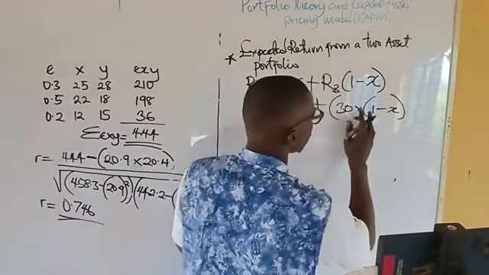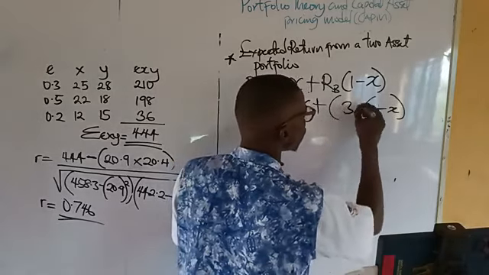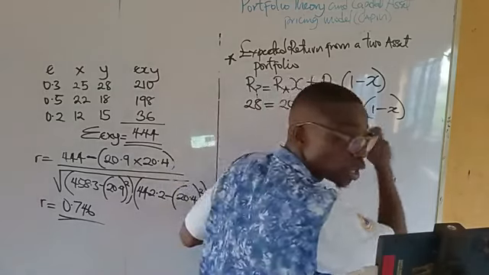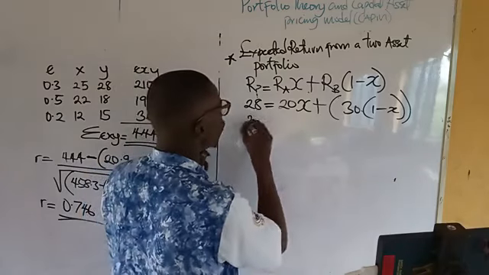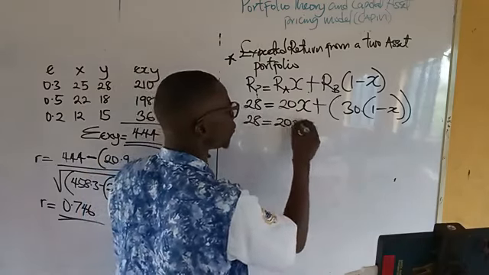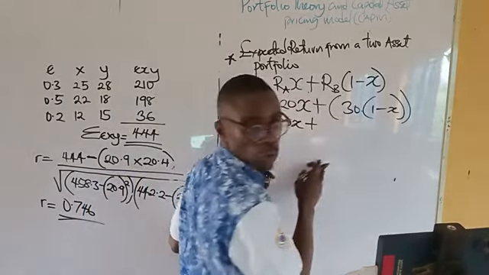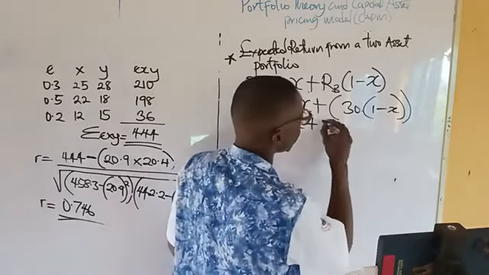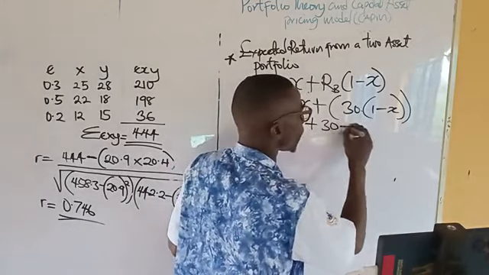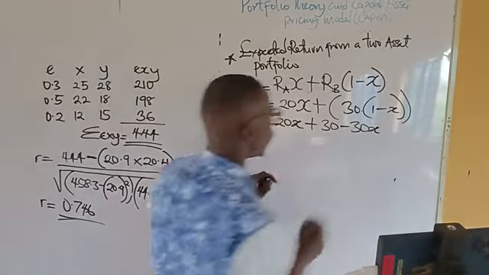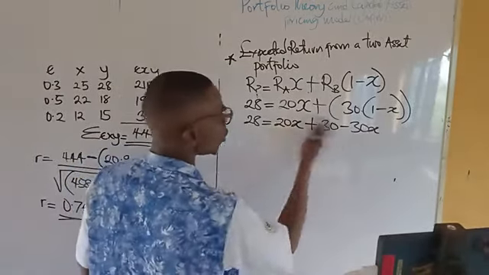Now, for you to open this bracket: 28 equals 20x plus 30 open bracket, 30 times 1 gives 30, 30 times minus x gives minus 30x.